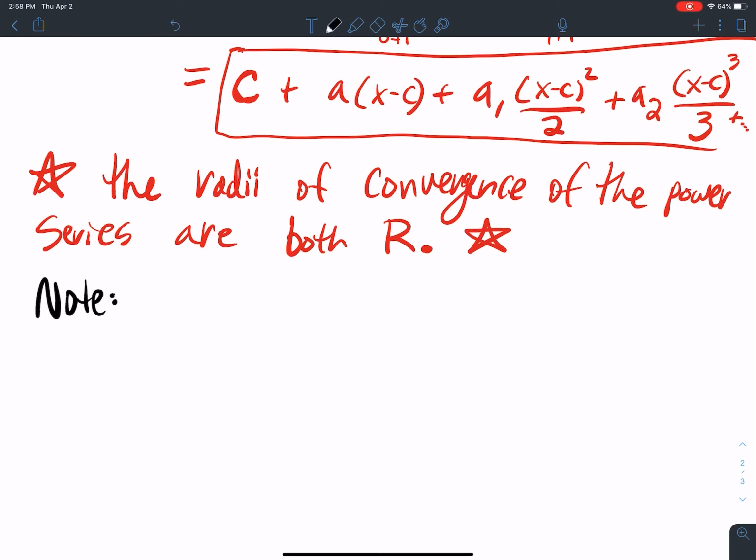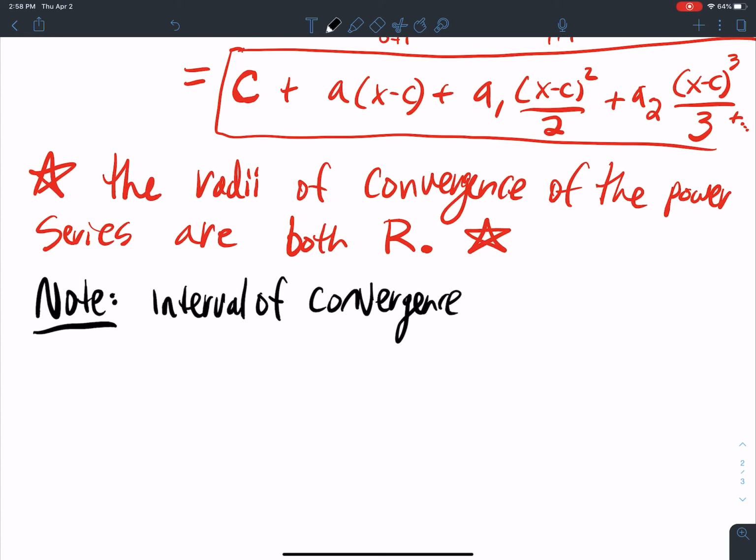So a note for you, the interval of convergence can change. When you take a derivative of a power series, what might happen is you might lose the endpoints, where it might converge at the endpoint.